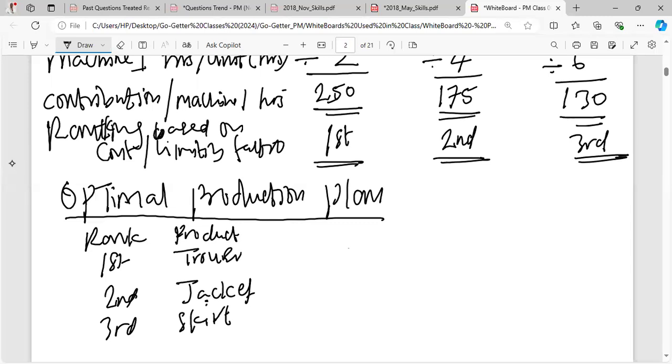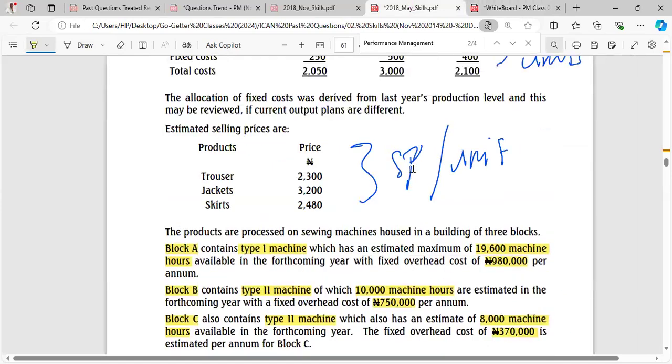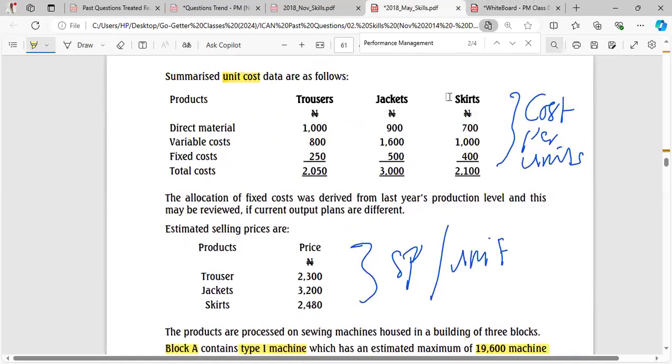Okay, so you will now, this is units. So the first unit here, how many units are we going to produce?